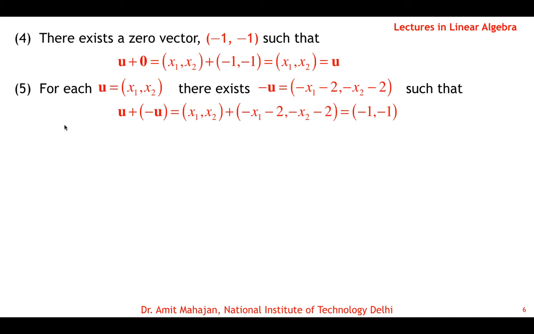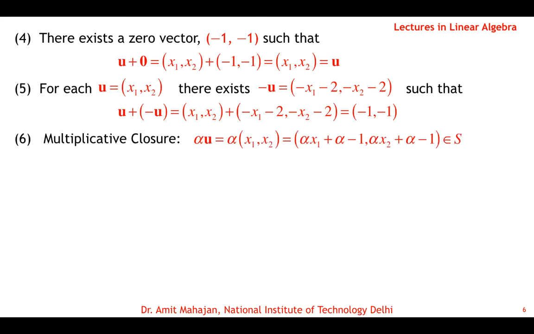The sixth property is the multiplicative closure, that scalar times u is in the set. Scalar times u means u is of the form x1 x2, so scalar times this, by the definition we have defined, is scalar times first element plus scalar minus 1, and comma, scalar times second element plus scalar minus 1.